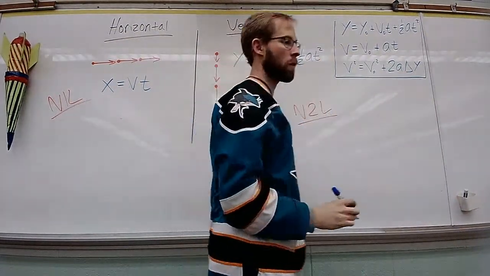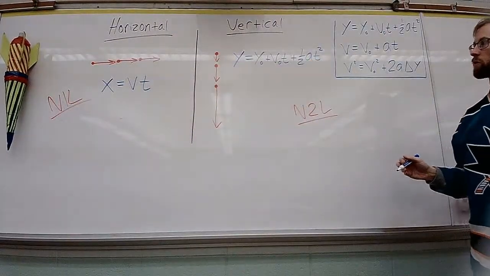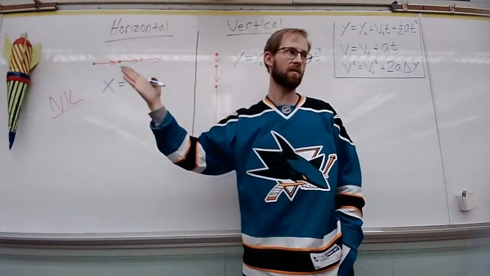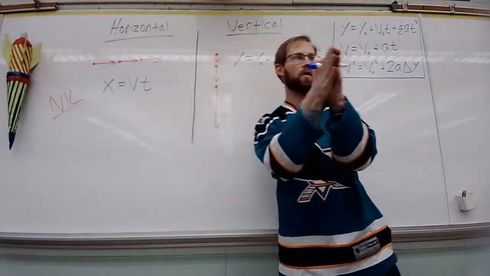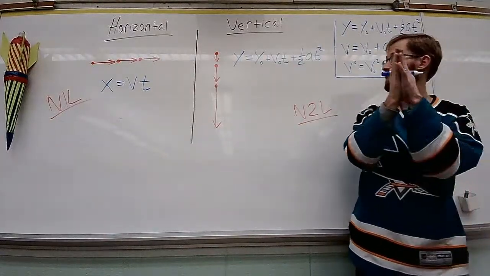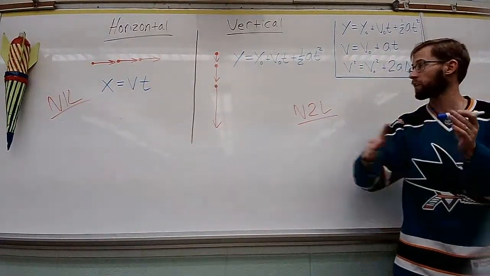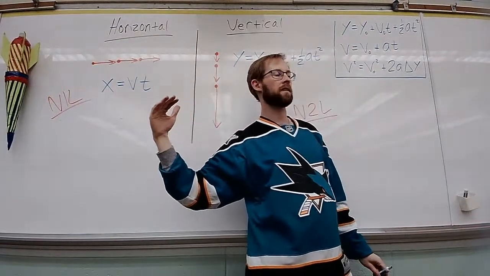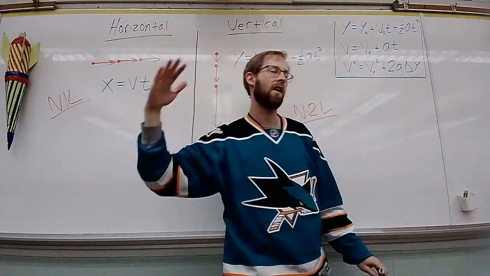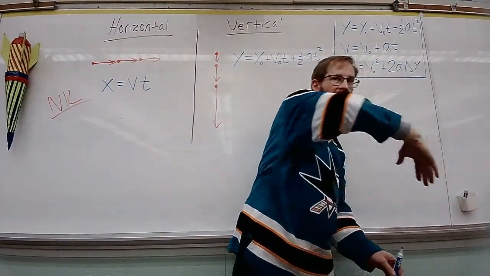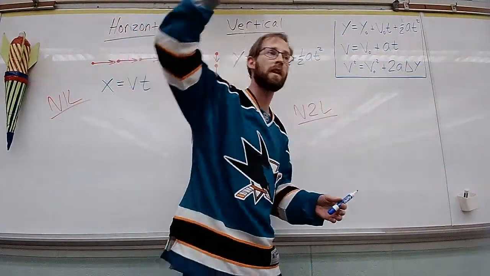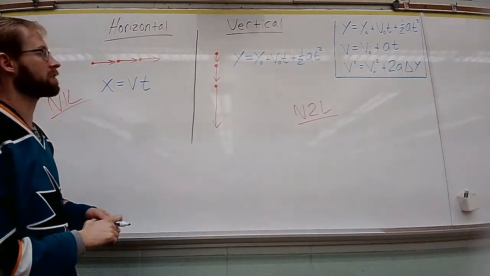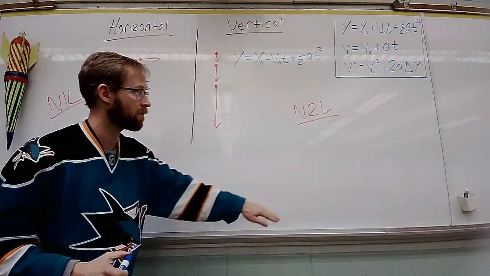So again, before we go further, I want to make sure you realize that horizontally, this object is not slowing down. It continues with the same horizontal velocity the entire time it's in the air. Vertically, though, it's picking up speed going down, which oftentimes gives objects the illusion of slowing down because they kind of arc down like that. They're not slowing down, they're just speeding up vertically. That's why it looks that way. Horizontally, it's still moving the same speed the entire time from beginning to end.